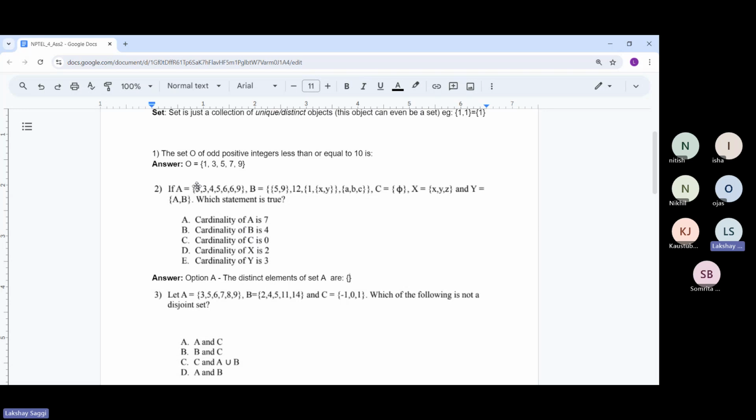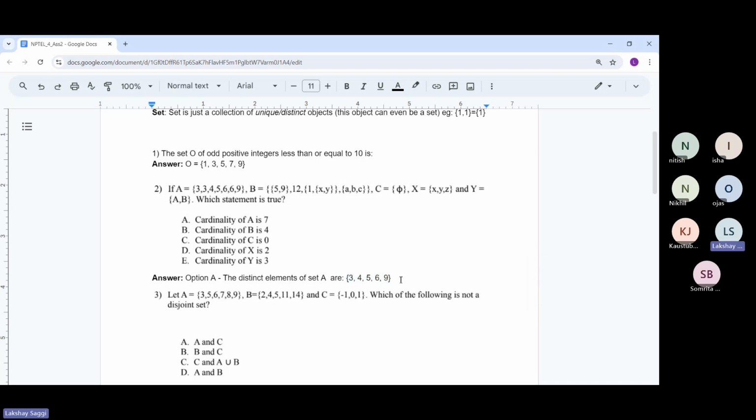They are 3, and 3 occurs twice, so we won't count the second time. Then there's the element 4, then 5. Then 6 occurs twice, but we'll count it as 1 because we only count distinct elements. And then the element 9. So only these are the distinct elements, the unique elements of the set A.